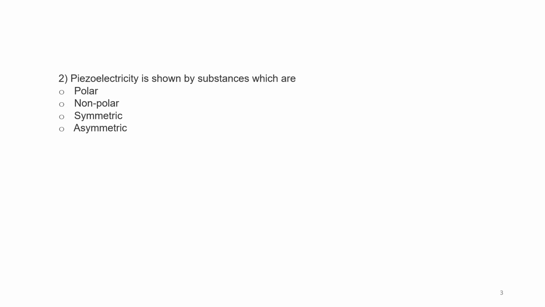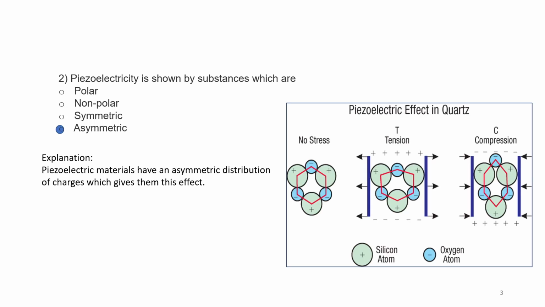Okay, next question is piezoelectricity is shown by substances which are. Your options are polar, non-polar, symmetric and asymmetric. So the correct answer will be asymmetric. In case of piezoelectricity, the distribution of the charges in the materials will be asymmetric.